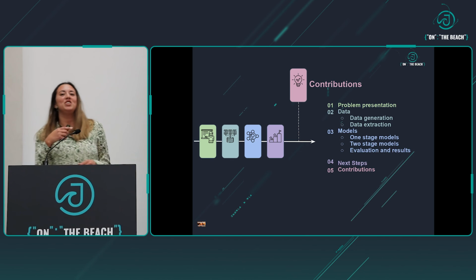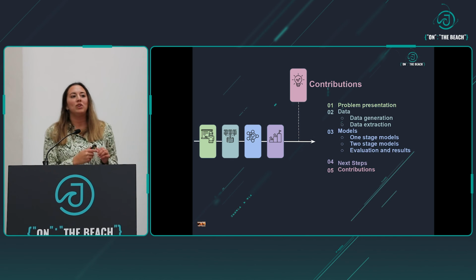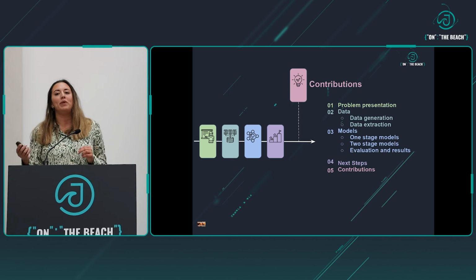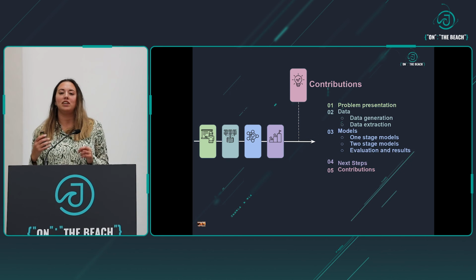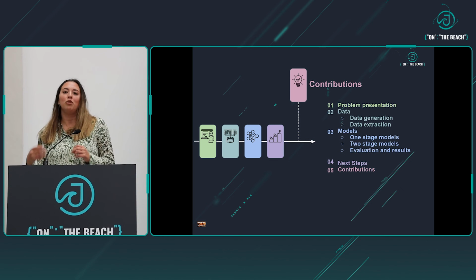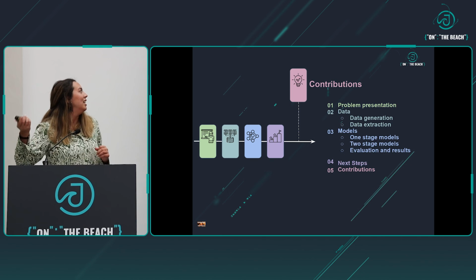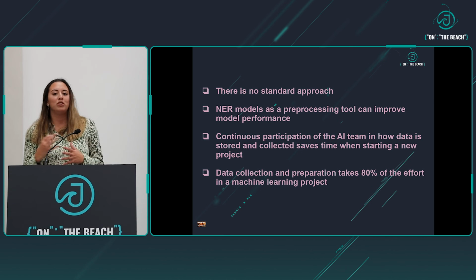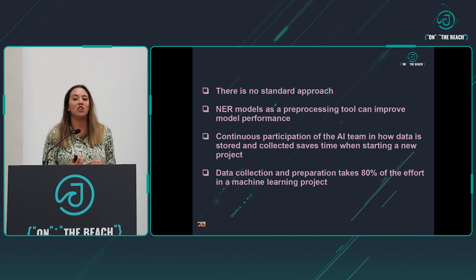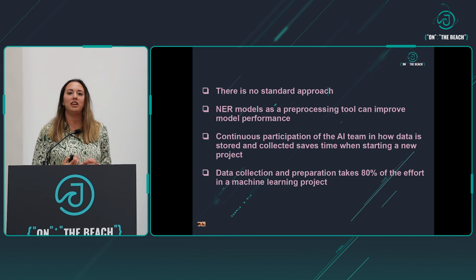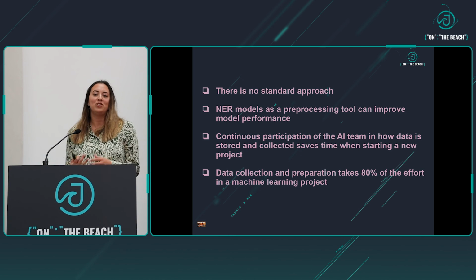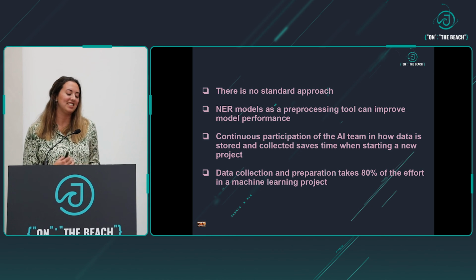Okay. So, to finish, what I want to do is go over the main lessons that we learned and maybe can help you in the future or in any project that you may work in. First of all, there's no standard approach. There's nothing that works every time for machine learning, and for data generation, even less.